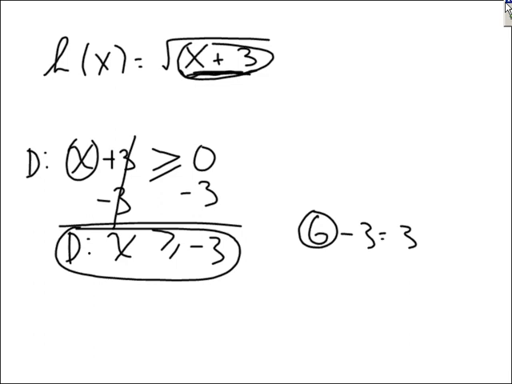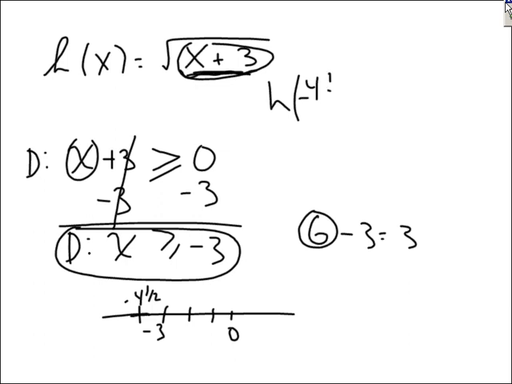Think of a number that's not greater than or equal to negative 3. I like to say where 0 is. Here's negative 3. What number is not greater than negative 3? Well, you know what? Negative 4.5 is not greater than negative 3. H of negative 4.5.